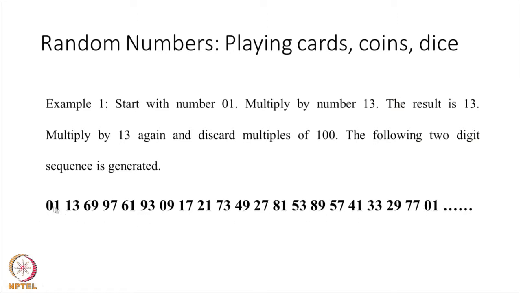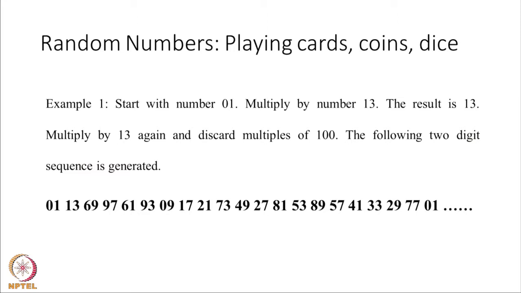In the range of this sequence, we got all numbers between 1 and 100. You see, there is a number between 10 and 20, there is a number between 60 and 70, there is a number between 90 and 100, there is a number between 0 and 10, there is a number between 20 and 30. So, it is spanning my entire range in a more or less uniform manner. These are called uniform random numbers.